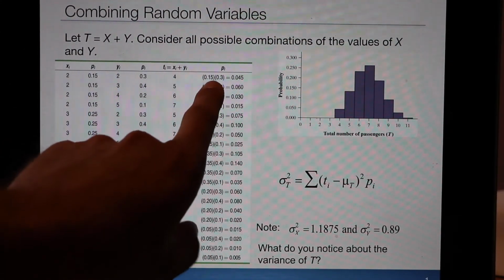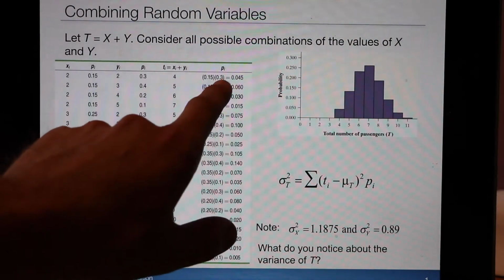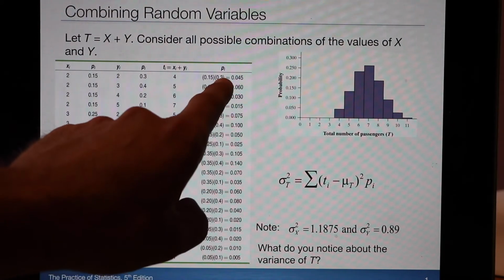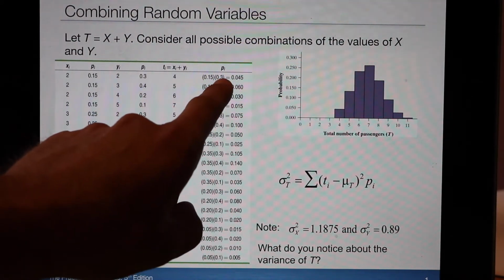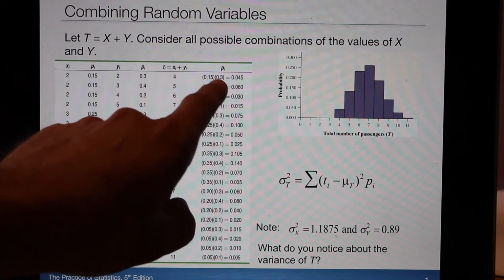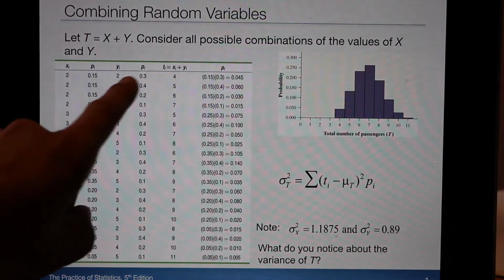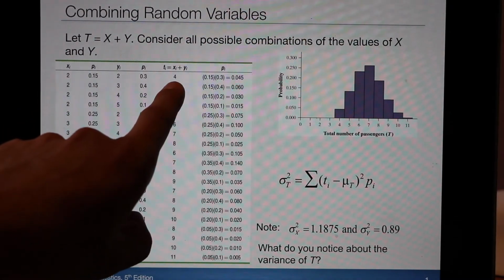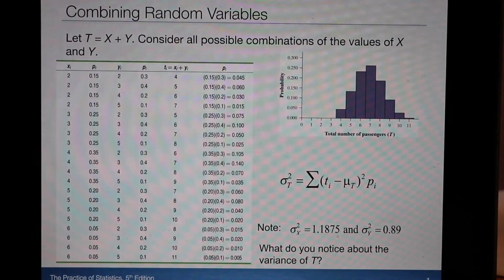And since they're independent, the probabilities will not change. So if we have 2 passengers from Pete's Jeeps, this is times the probability of Aaron's tours knowing that this happened, but that doesn't change anything, so we can just multiply 15% for Pete, 30% for Aaron. So the probability that the total number is 4 is about 4.5%.